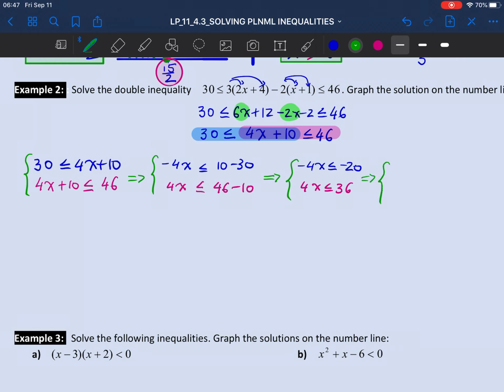Moving on to the last step, we have negative 4x, I'm going to do it the long way, divided by negative 4, because we are trying to simplify it, and here we are dividing by 4.